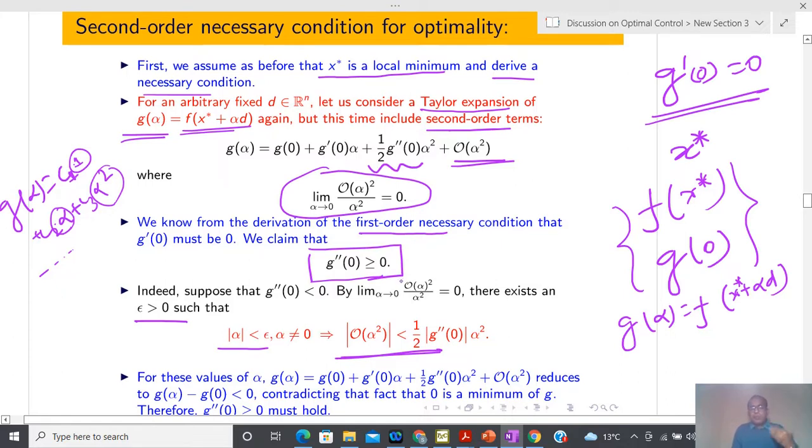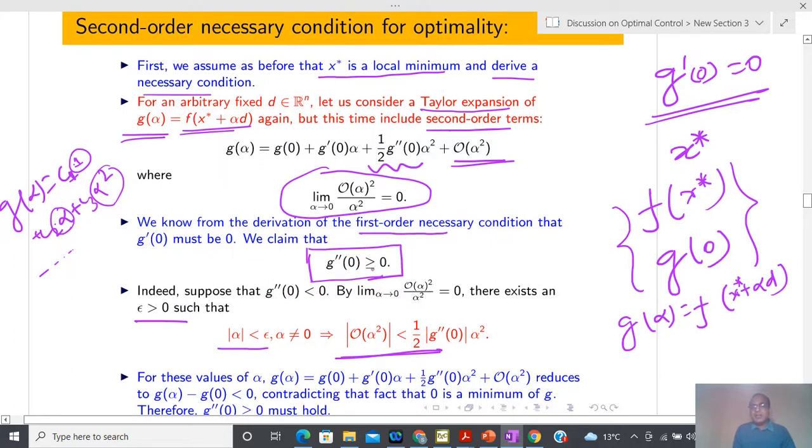Most of the time, when we try to establish this kind of relationship, one usual way to prove it is by contradiction. I am claiming that g double dash 0 is greater than 0. In order to contradict this, I assume the reverse: g double dash 0 less than or equal to 0.